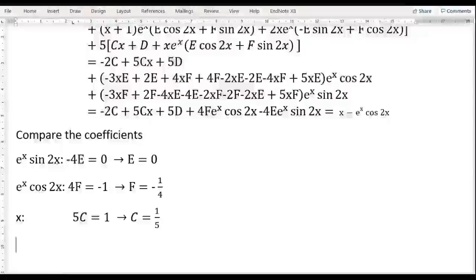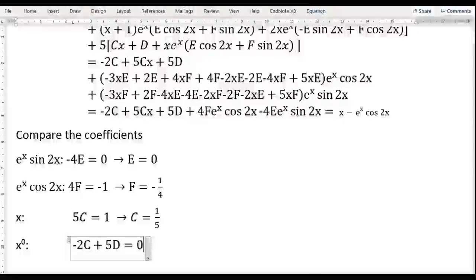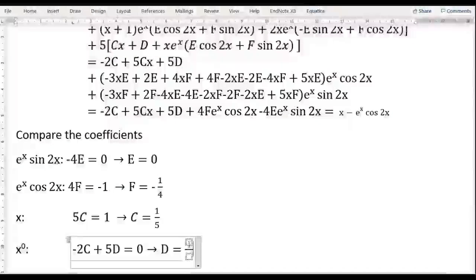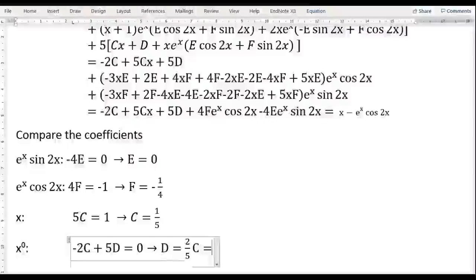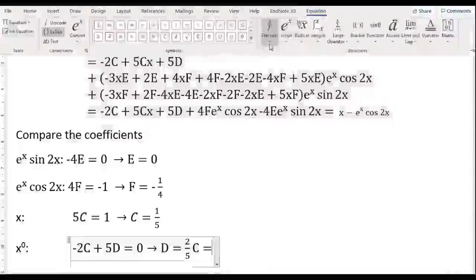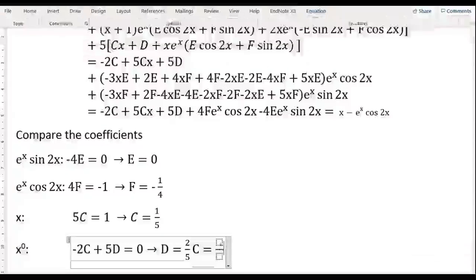For the constant, we have the x0 coefficient: minus 2c plus 5d is equivalent to 0. d is equivalent to 2 over 5c, which we substitute c with 1 over 5, 2 over 25.